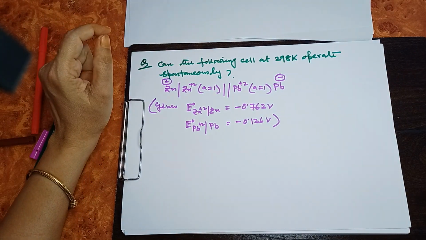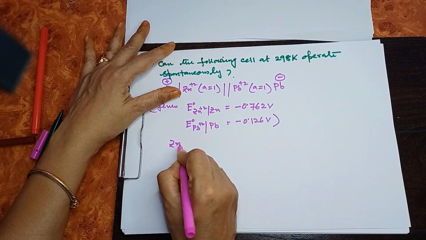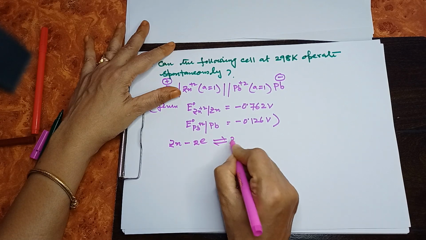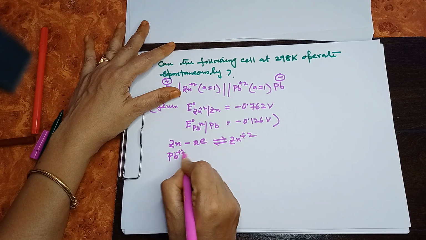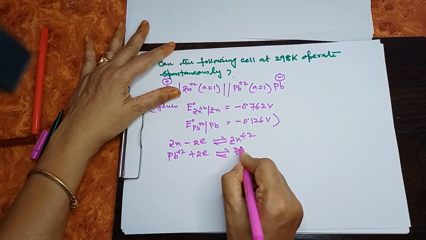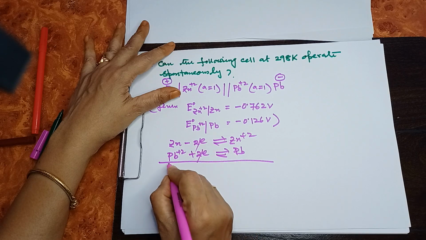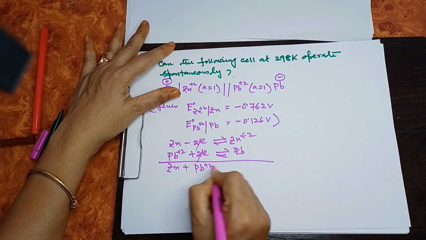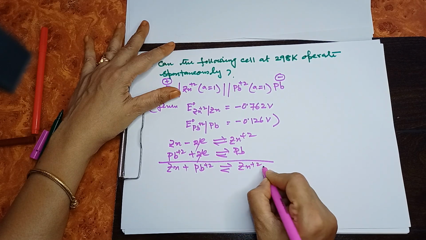Right? So, what is the cell reaction? Here the overall cell reaction is zinc minus 2 electrons giving zinc plus 2, and lead plus 2 will take 2 electrons giving lead. So, the overall reaction is zinc plus lead plus 2 giving zinc plus 2 plus lead.